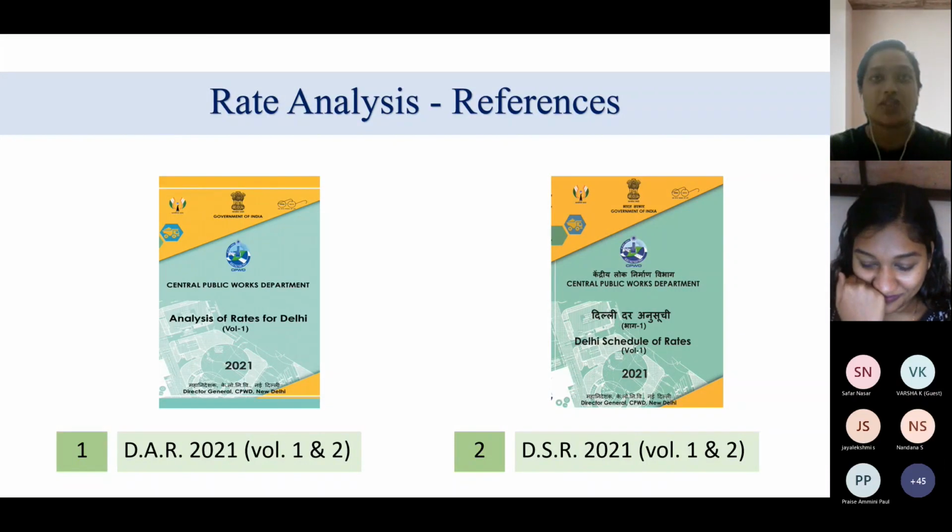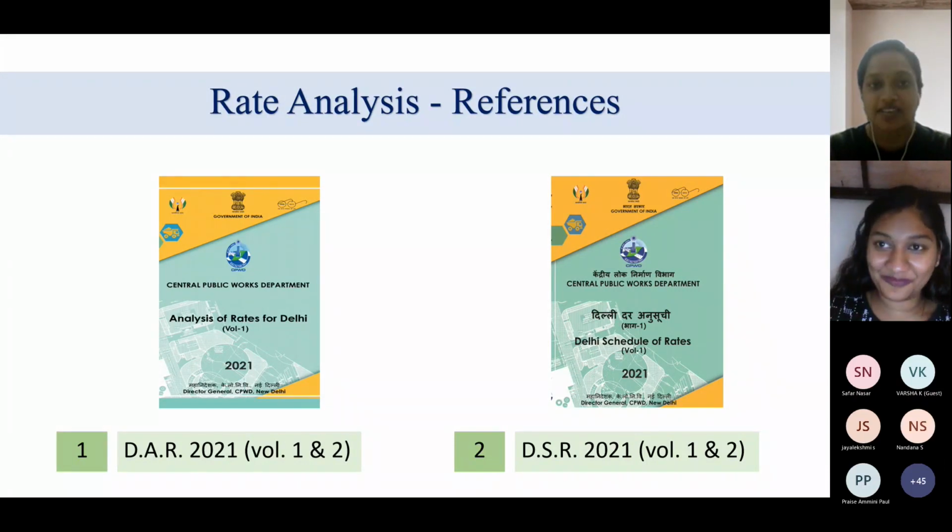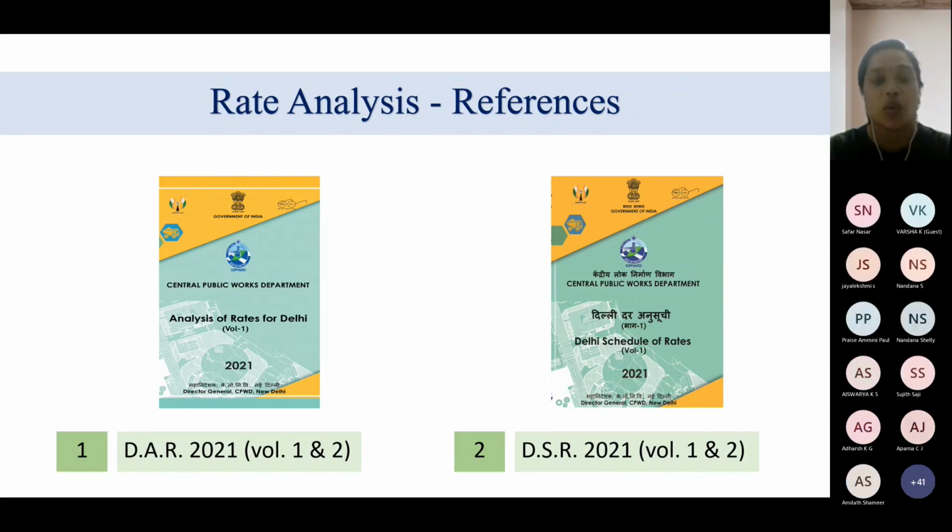So as I was saying, execution of work is also a part of rate analysis, wherein you have to decide whether you are employing people to complete the work, or you're going to employ people and machineries, a combination, to complete a work.